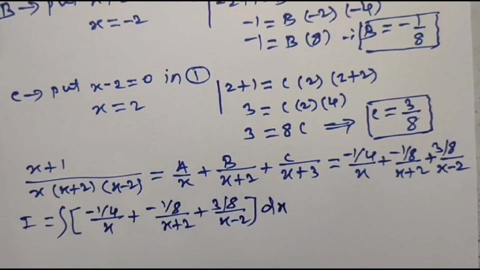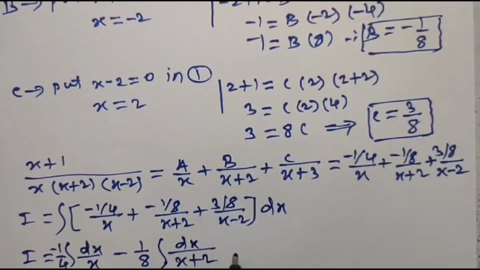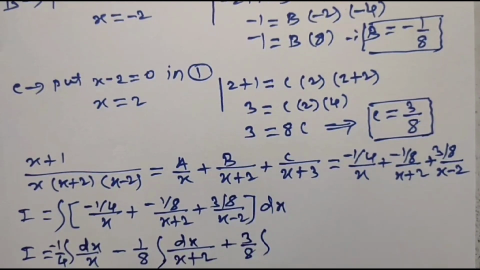Separate the integrals and evaluate. I is equal to integral of, we can take minus 1 upon 4 outside the integral sign, dx divided by x. Then minus 1 upon 8 is taken outside the integral sign, dx upon x plus 2. Then plus 3 upon 8 is taken outside the integral sign, dx upon x minus 2.